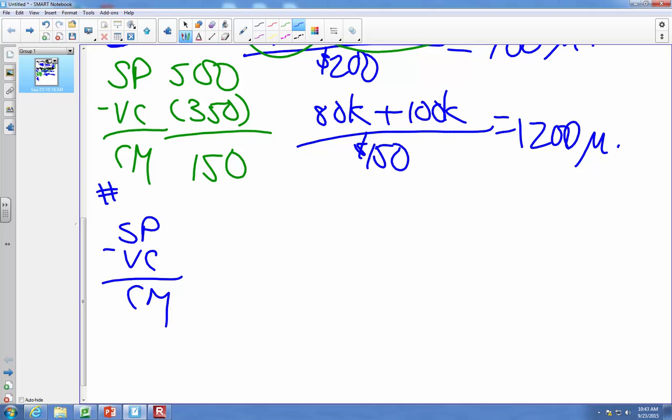Strategy number 2. What happens to my contribution margin in strategy number 2? I think it stays the same because I'm not impacting selling price or variable costs. What happens to my fixed costs? They go up by $4,300.